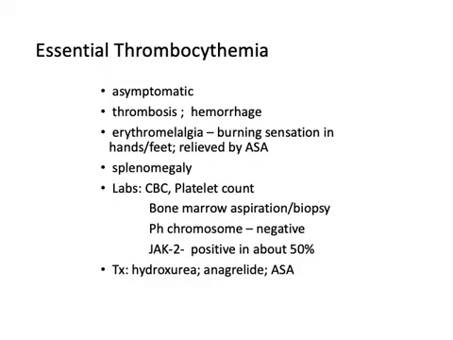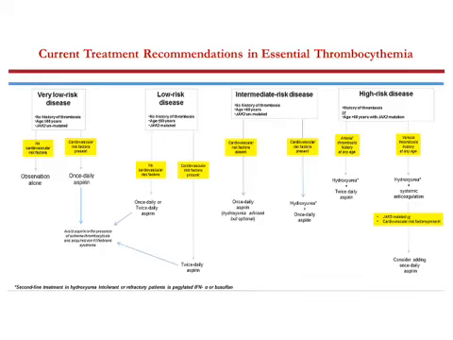About 50% of patients may manifest with splenomegaly. Treatment is primarily the use of aspirin, hydroxyurea in certain groups, as well as other forms of therapy. An algorithm for treatment is shown in these particular slides.